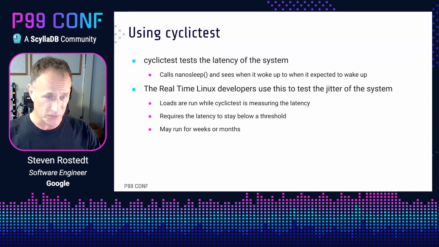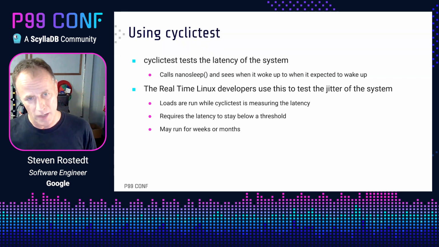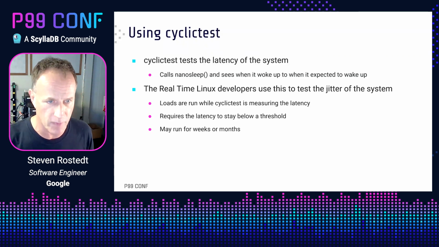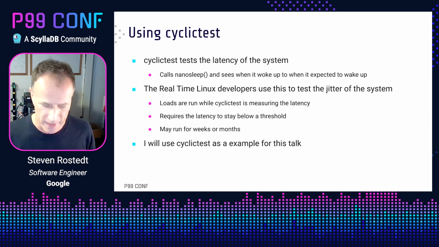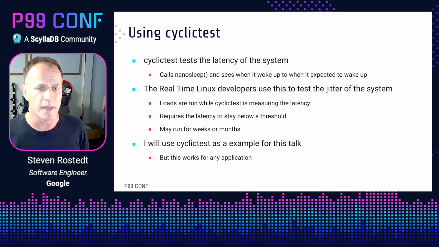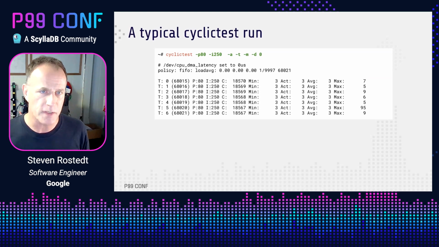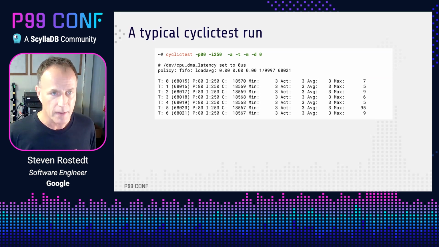A single kernel, just boot it up and run cyclictest with its load for a long time to make sure that the latency never goes above a certain threshold. And that's to weed out any issues within the Linux real-time kernel. Today, I'm going to use cyclictest for this talk, but what we talk about could be used for any type of application.